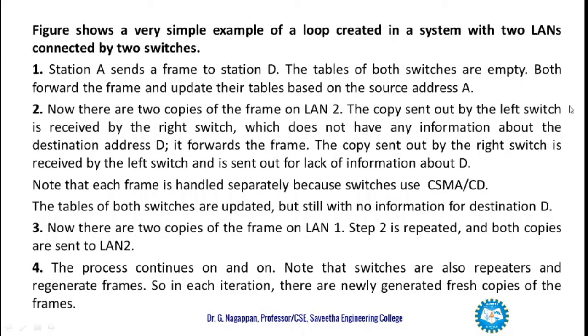on LAN 2. The copy sent by the left switch is received by the right switch, which does not have any information about the destination D. It forwards the frame.